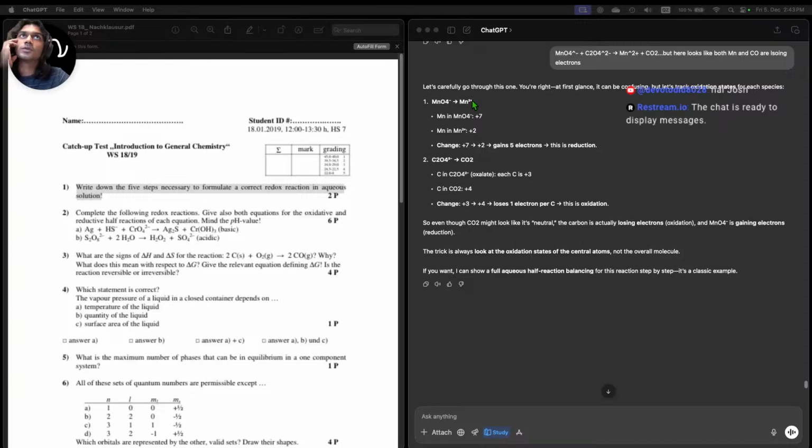Let's carefully go through this one. You're right. At first glance, it can be confusing, but track the oxidation. Wait, MnO4 is +7. Oh, I don't know if it's +7 or not. I mean, oxygen has -2, right? Wait, I forgot. How did you know that the Mn?